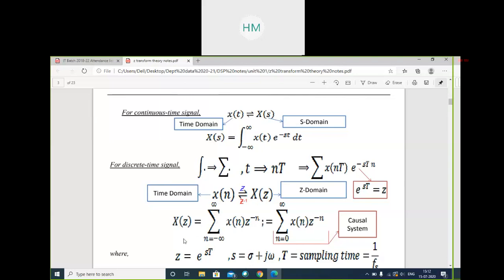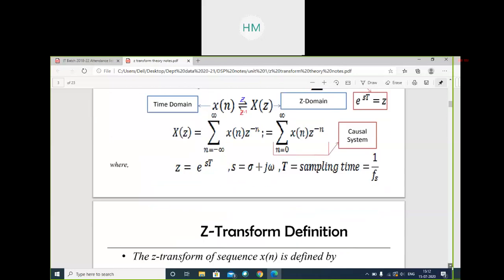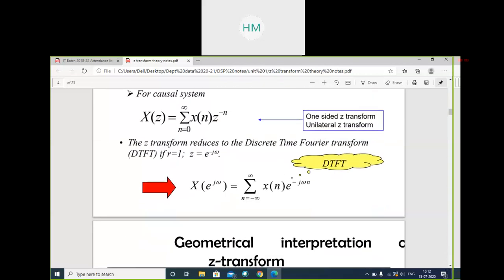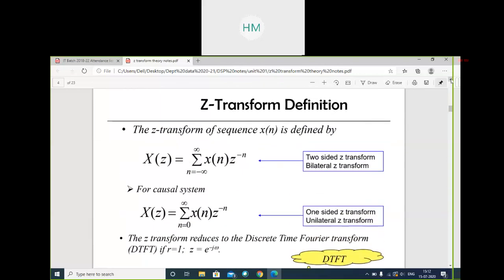S domain is converted into z domain, sigma plus j omega s plane is converted into z plane, and z is equal to r e to the power j omega. R is 1 for unit circle. For causal system, the limits vary from 0 to infinity, also known as one-sided or unilateral Z transform.